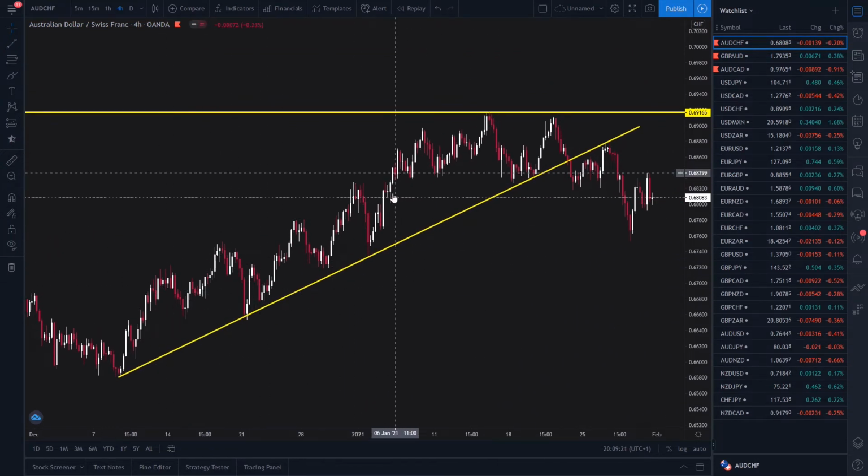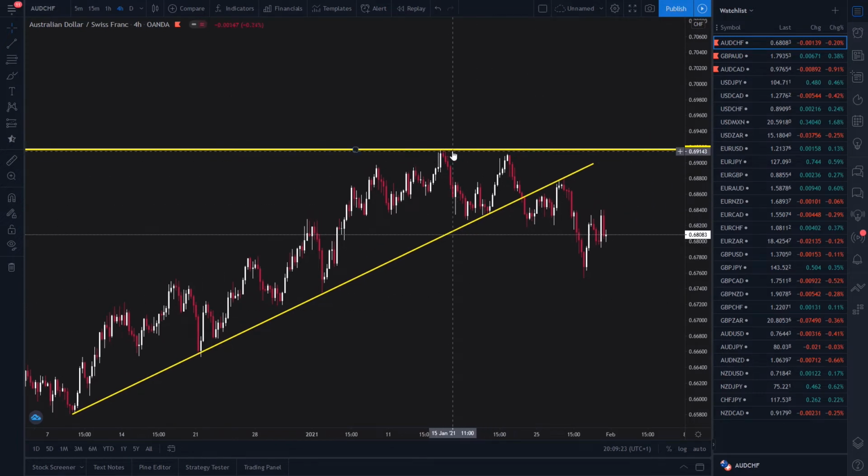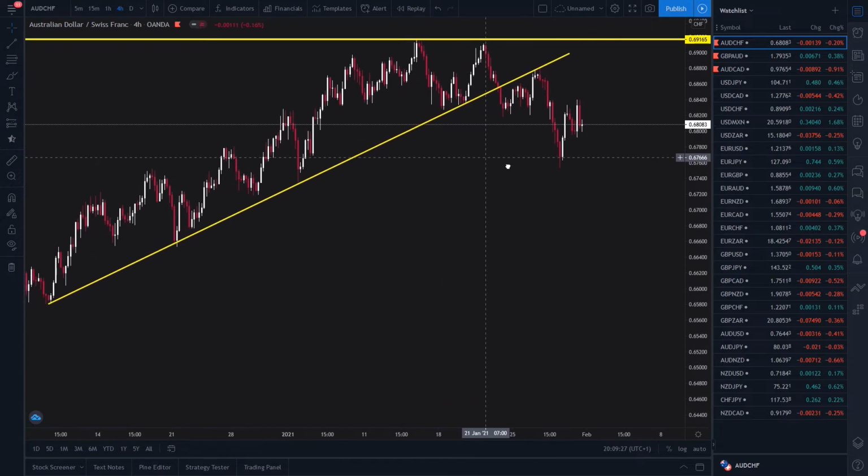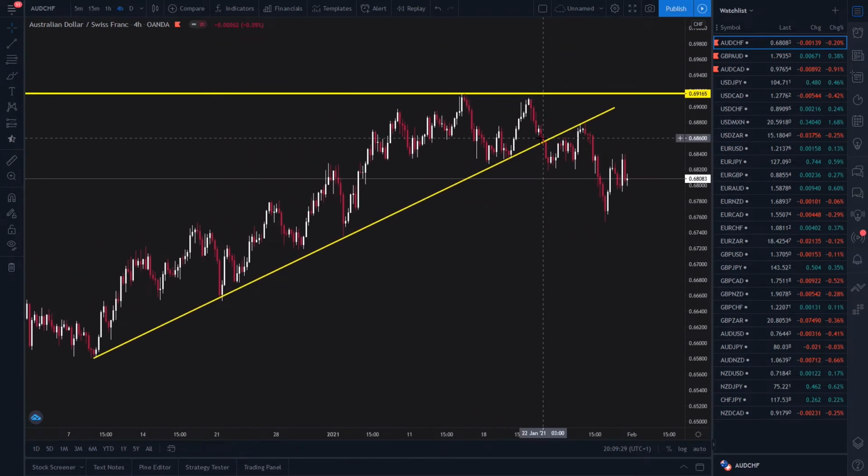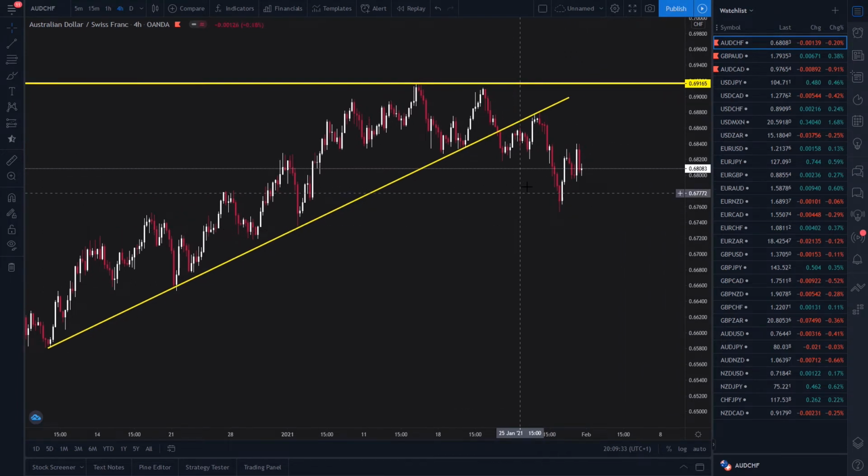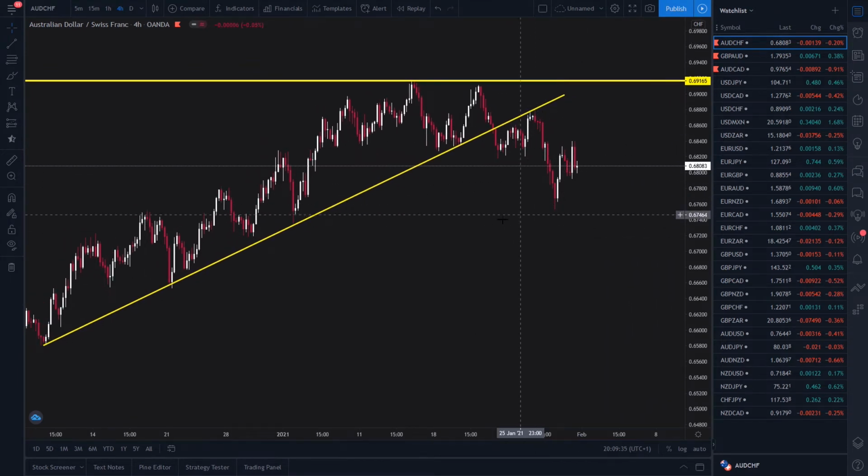The market was trending, hit the resistance above, confirmed it, and we are looking at the break and the retest of the trend line, which means we are looking for a sell.